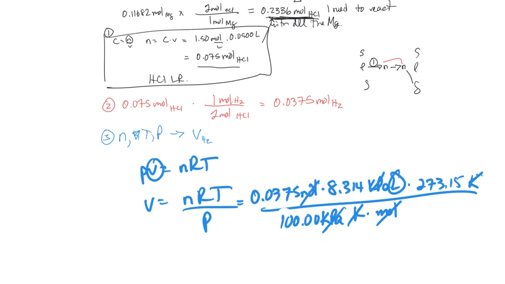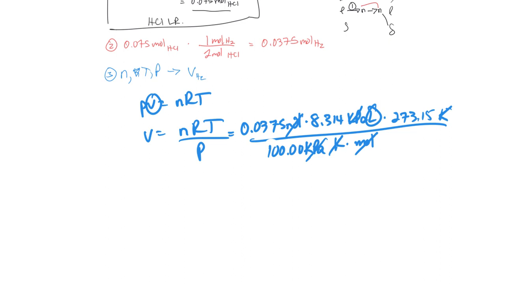I'm left with liters. So I need to take that number and multiply by 8.314 times 273.15 and divide that by 100. Okay, so the volume comes out to 0.851613 liters.